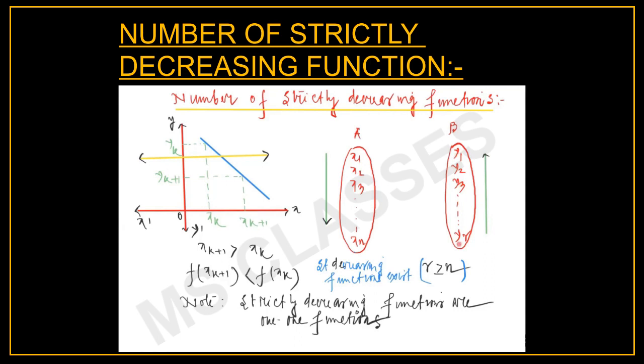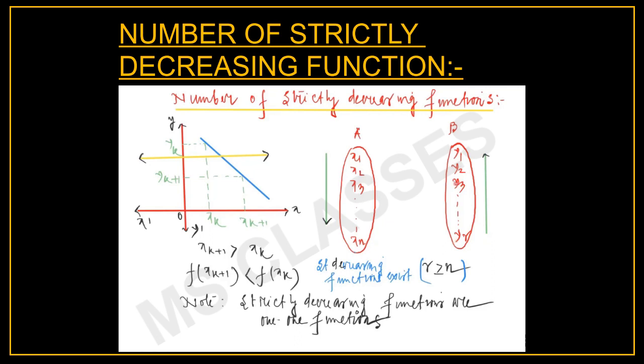So x1 less than x2 less than x3, and so on. This arrow is showing that the magnitude is increasing. Here also, we are arranging in descending order, so the highest is this one, and the magnitude is increasing in this direction.